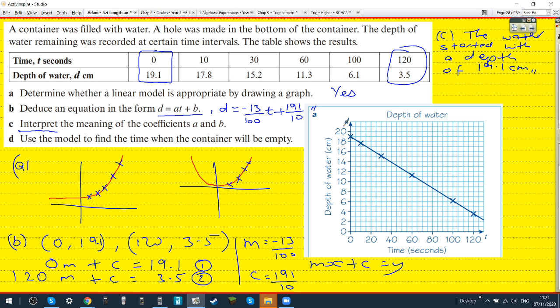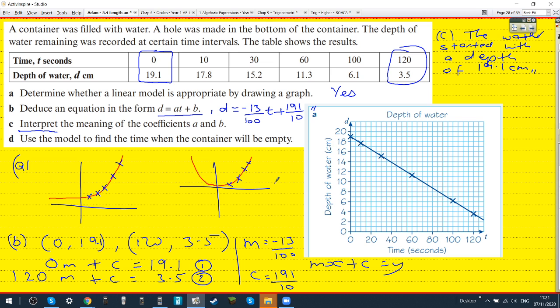So we did that one. That was B, the intercept. Now we have to do an interpretation of the gradient. Minus 13 over 100, or minus 0.13. So would it be when the gradient is minus 13 over 100? Gradient is always minus 13 over 100.